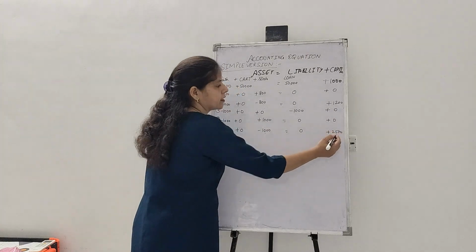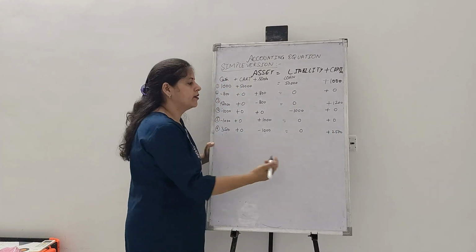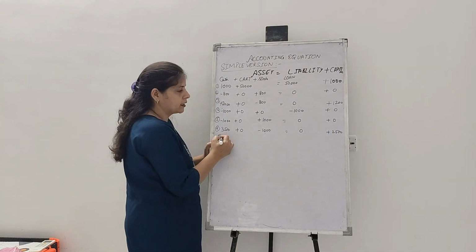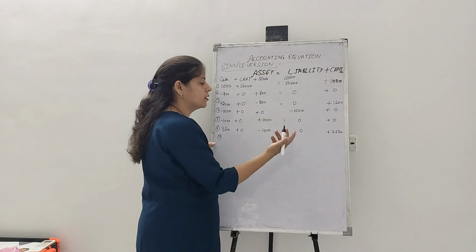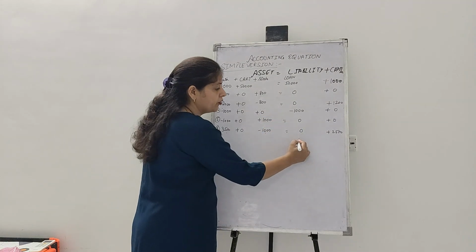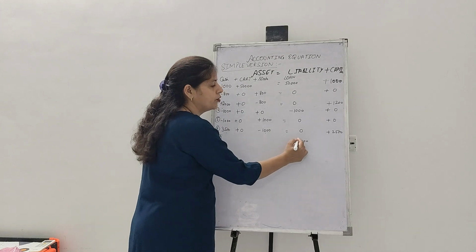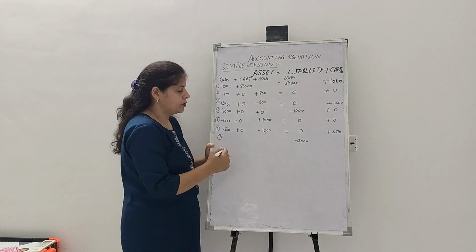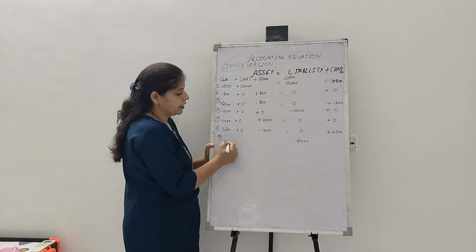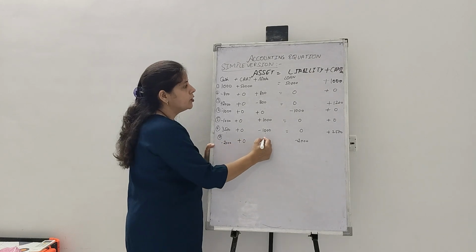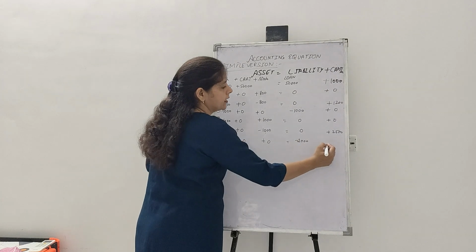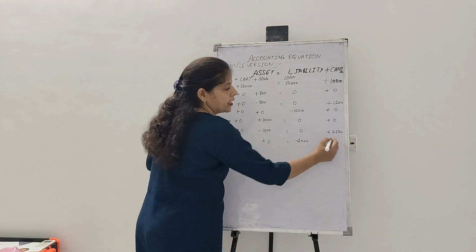Now from this 2500, let's suppose he makes a payment for the loan of rupees 2000. The loan value would reduce by 2000, and from cash again 2000 rupees would be deducted, with no change elsewhere.